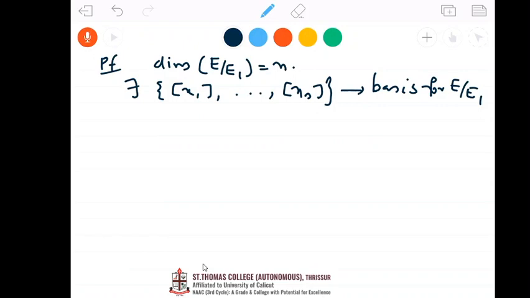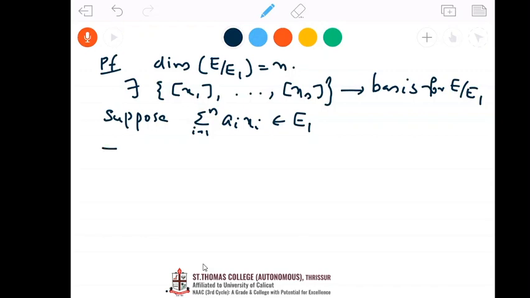For that I am taking, suppose summation i equal to 1 to n ai xi is in E1. So if this is in E1, the coset corresponding to this element is E1, which means class 0.